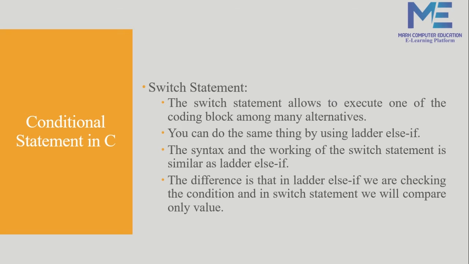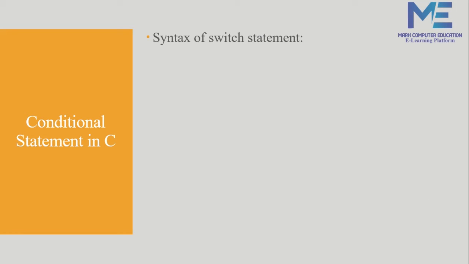Right. So what is the syntax of the switch statement? Let's check. For that you have to use the keyword switch in small letters. In parentheses you have to pass a variable. Here you can pass only one variable, and that variable can be of any data type, either an integer, float or character.